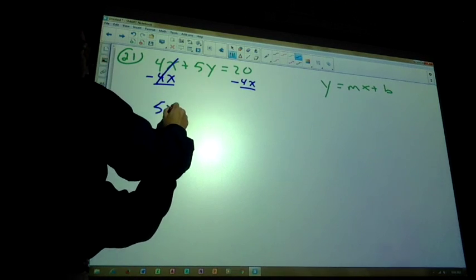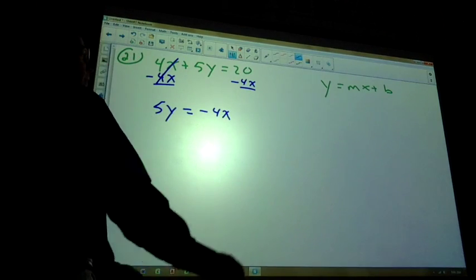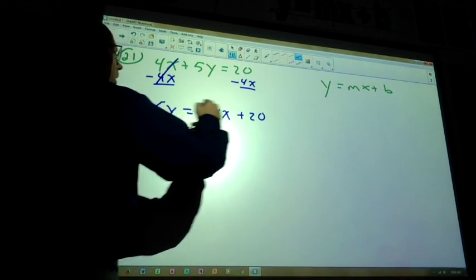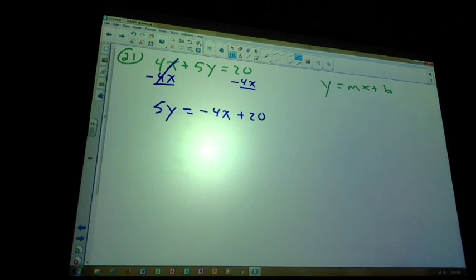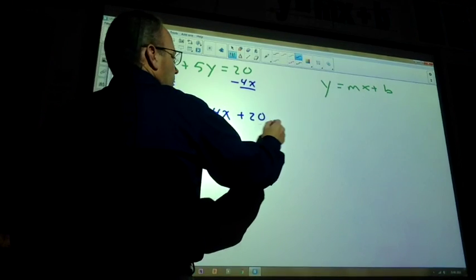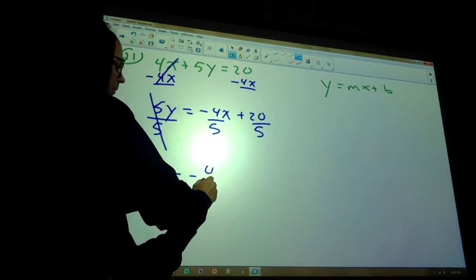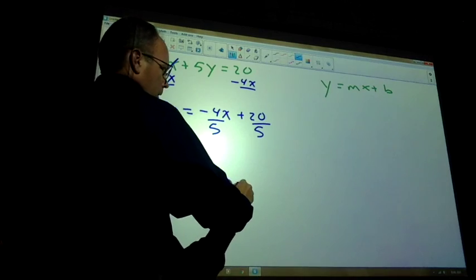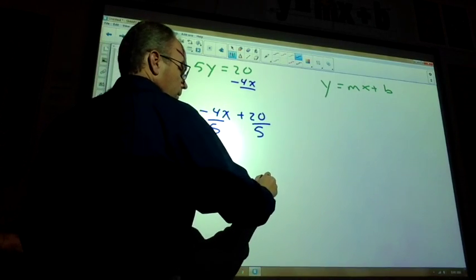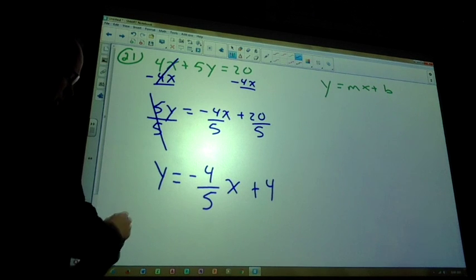No, they're not like terms. Is 20 positive or negative? Positive. Okay? We're almost there. What should I do? Divide by 5. Divide everything by 5. So I can divide this by 5, this by 5, and this by 5. Reduce. Negative 4x plus 4.